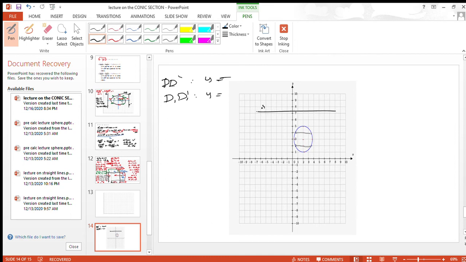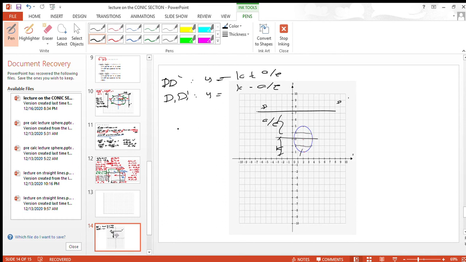Yan si DD prime. Si center ang basis pa rin. Distance niya is A over E. Kaya this is K plus A over E. Dito naman, K minus A over E.